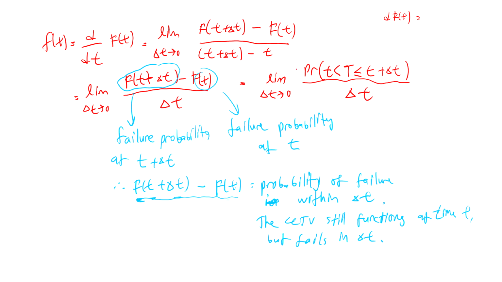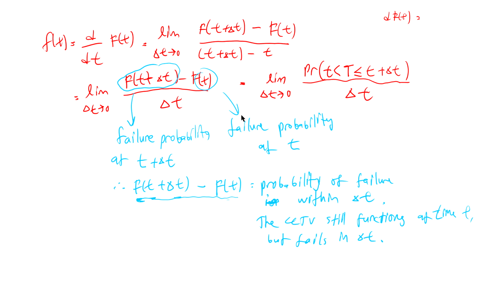Let me show you, let's use the laser. This numerator has the meaning of the probability of failure within delta t, given that it's still functioning up to time t. So from time 0 to time t, the CCTV is still functioning, but in the interval after that, of delta t, it fails.